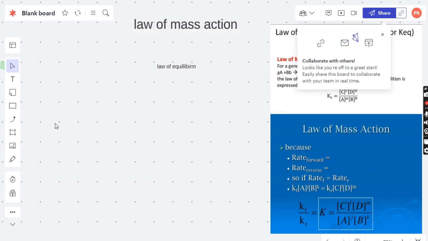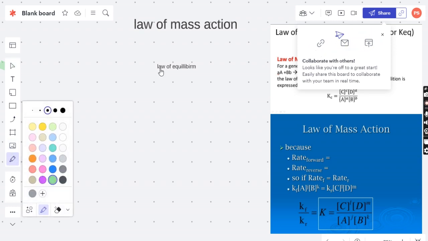The law of mass action is also known as the law of equilibrium. Let's highlight it so that it will be visible.